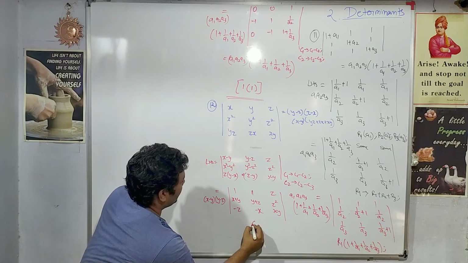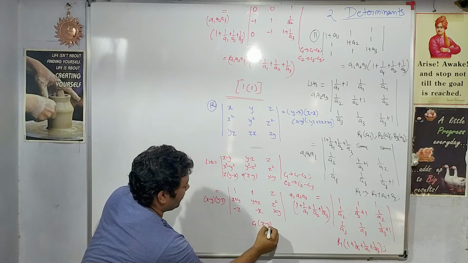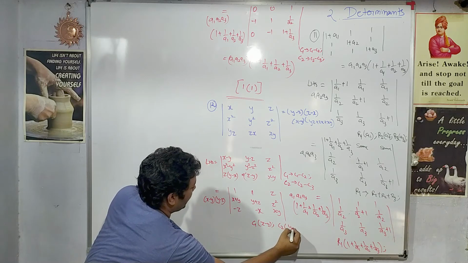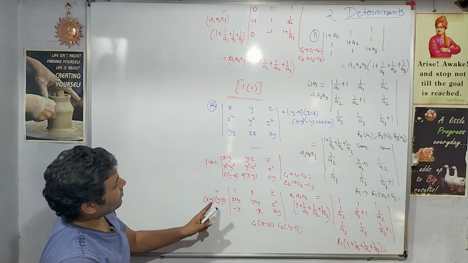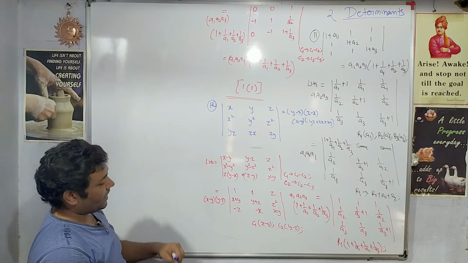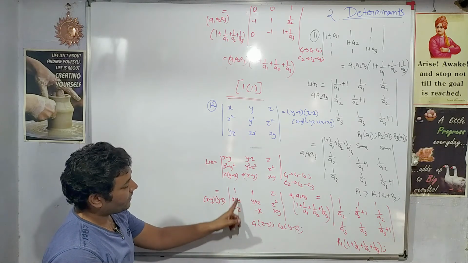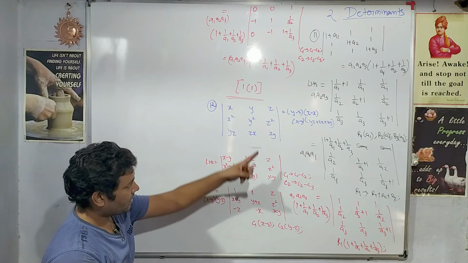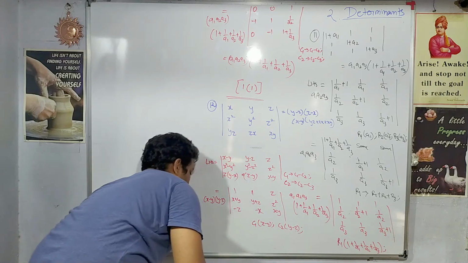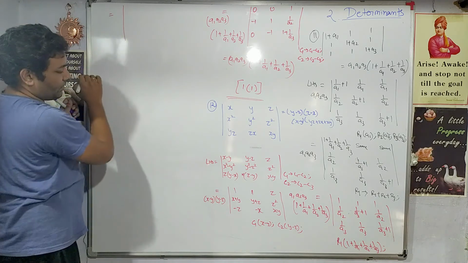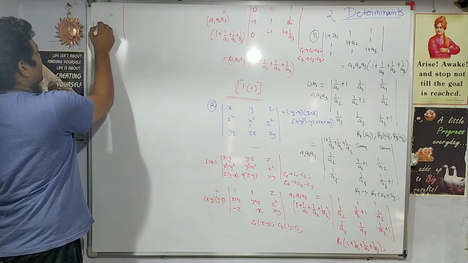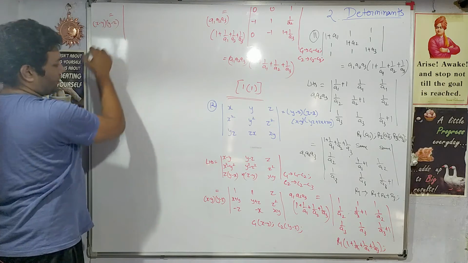From column 1 I have taken x minus y common, and from column 2 I have taken y minus z common. Now x minus y, y minus z, z minus x also I want. So if I carry out an operation on these two columns again, I will get z minus x also. So let me carry out the operation. That will be x minus y, y minus z.